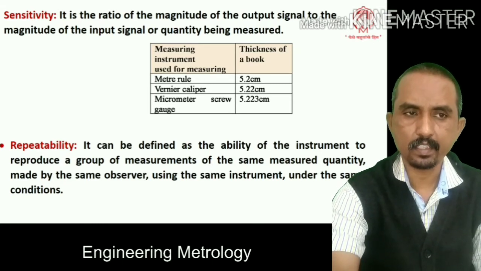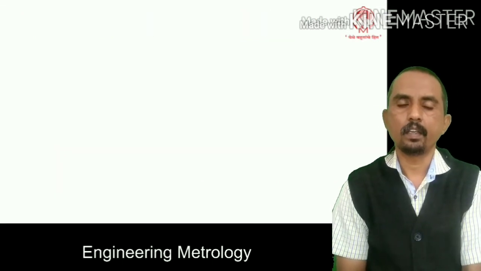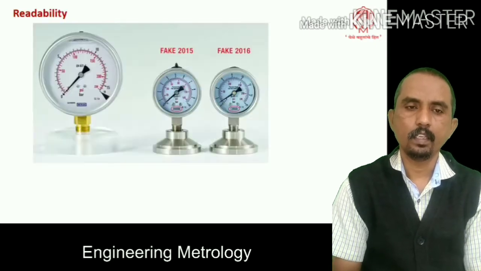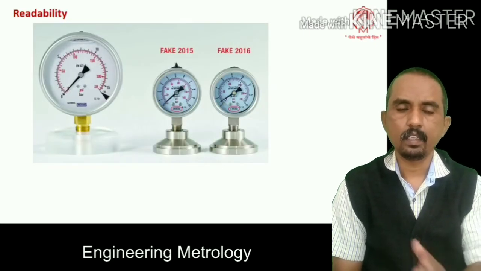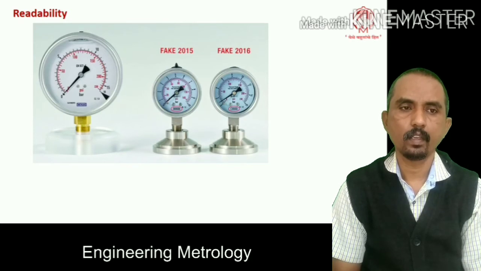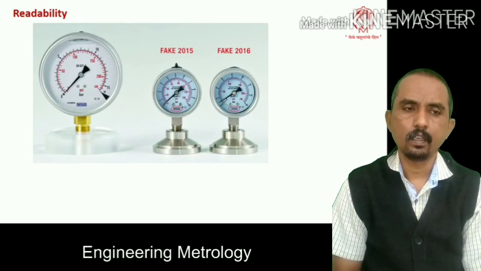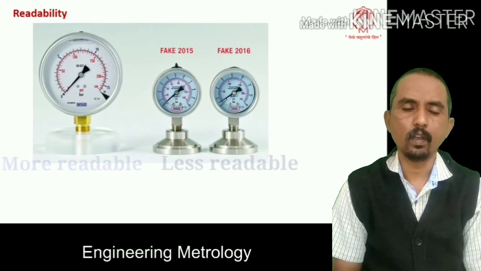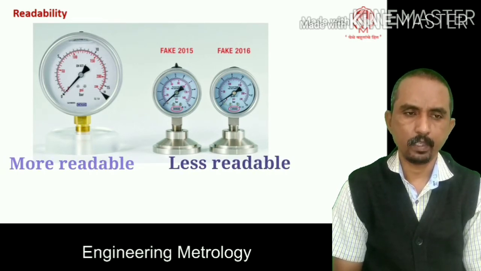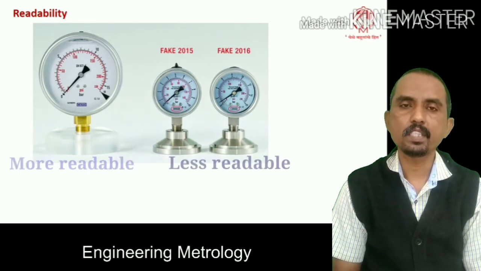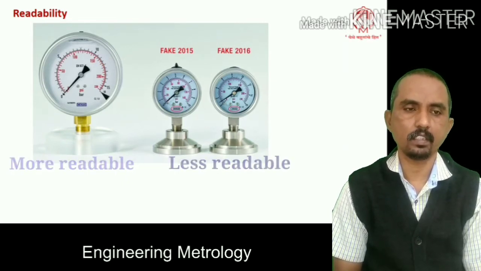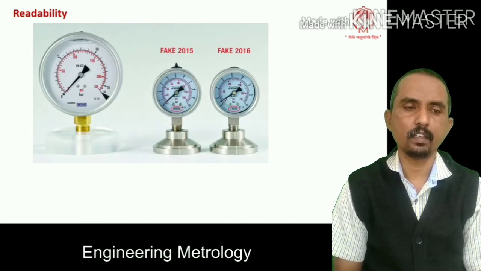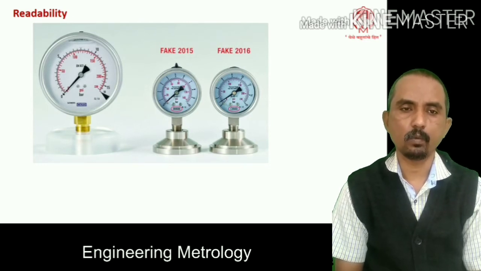Then the next term, that is readability. Here we see three pressure gauges shown in the figure. The reading observed on pressure gauge number 1 is more feasible, or more accurate, we can say, and we can easily read the accurate reading on the first one instead of the second and third one.